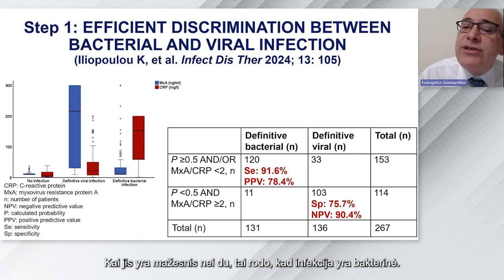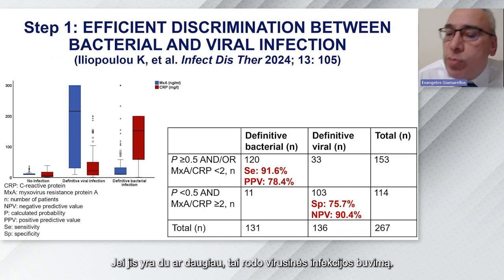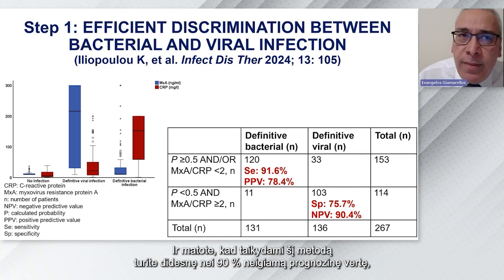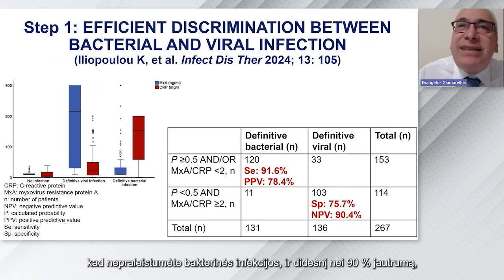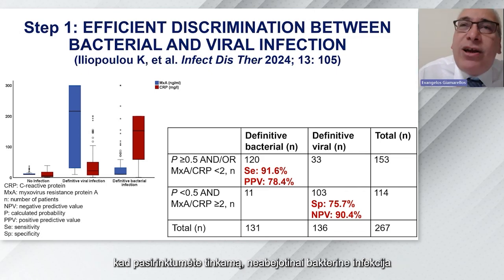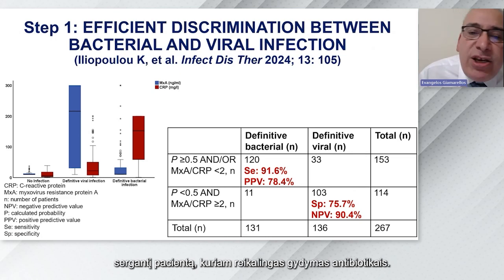When this ratio is less than 2, this points toward bacterial infection. If it's 2 or more, it points towards viral infection. And you see that with that approach, you have a negative predictive value of more than 90%, so as not to miss a bacterial infection, and a sensitivity of more than 90% to select the correct patient with definite bacterial infection who is in need of antibiotics.